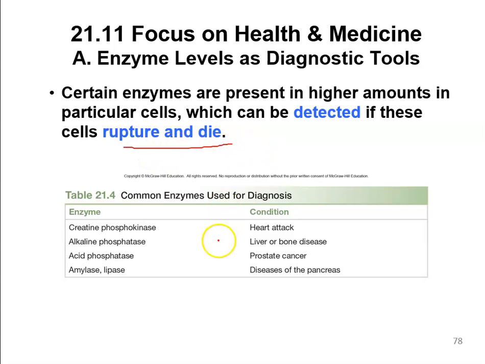So if you analyze the blood and they have a high level of creatine kinase, that might imply that they're having heart issues. If they have high alkaline phosphatase, it can imply either a liver disease or prostate cancer. And if there's a lot of amylase or lipase in the blood, that can imply that you have a disease of the pancreas.